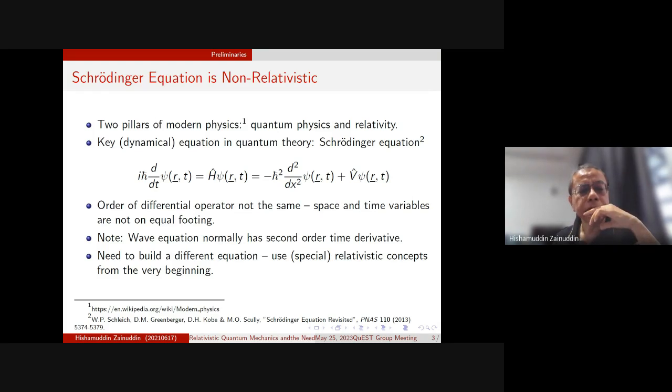So if you go to relativistic form, you are expected to face certain problems. Again, the key thing is to make sure that everything becomes relativistic. So you need to build a different equation using some relativistic equations that we find in, say, special relativity. I'm not going to touch anything on general relativity, so this is just flat space.